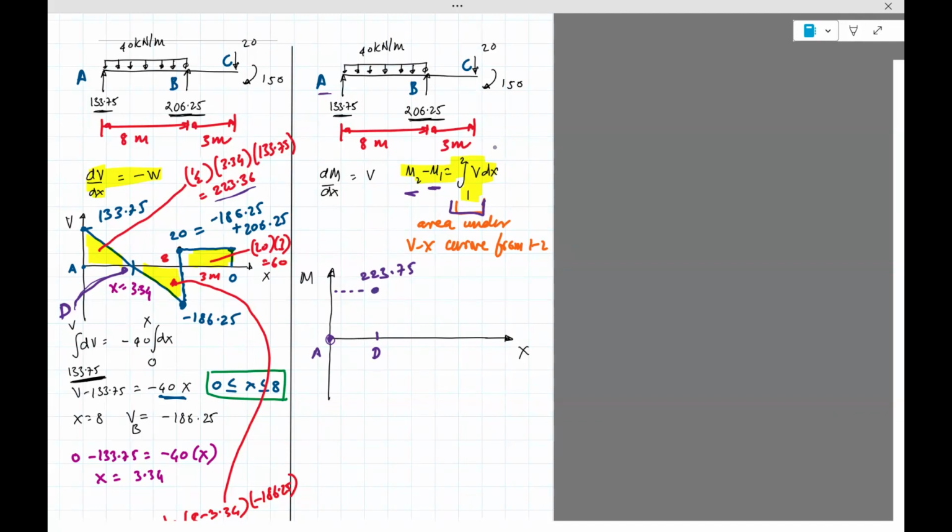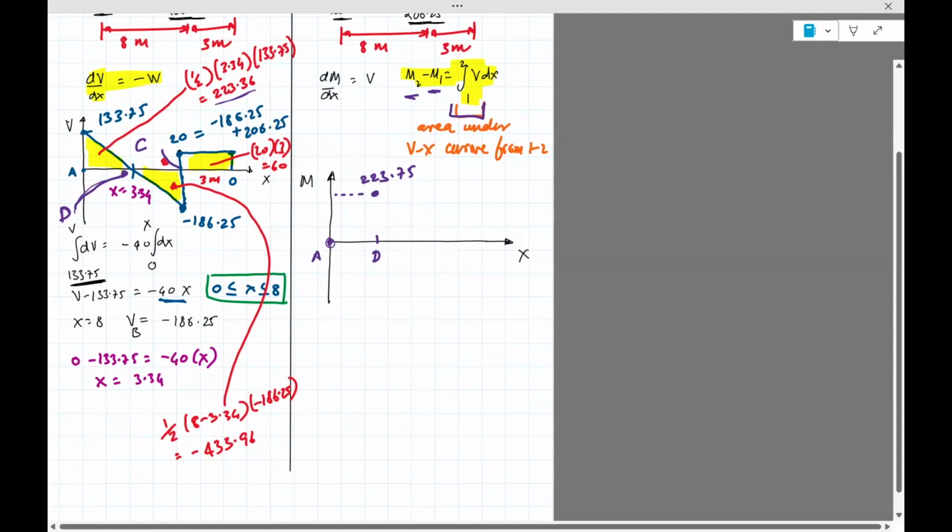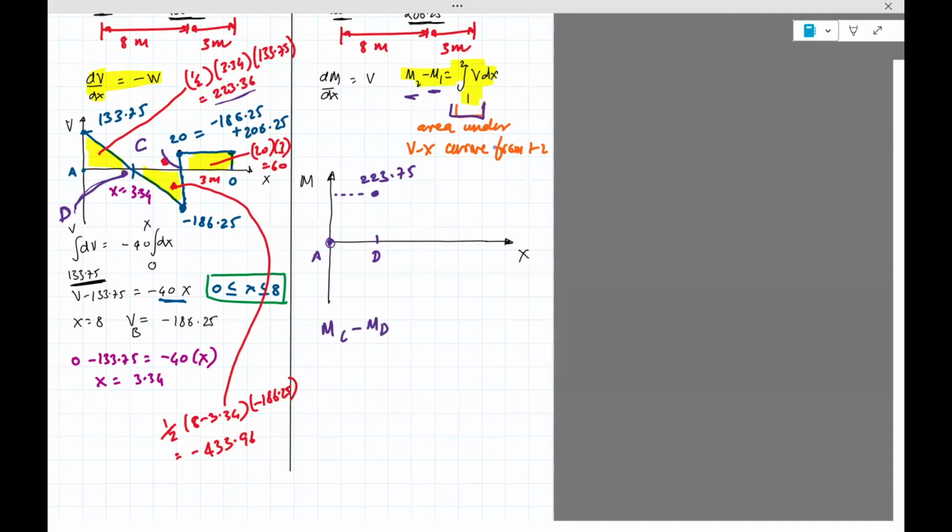Okay, then we have the area from D to this point C, which is negative 433.96. Okay, so we can write MC minus MD equals the integral of V dx. So M at C is unknown, M at D is known, it is 223.75.